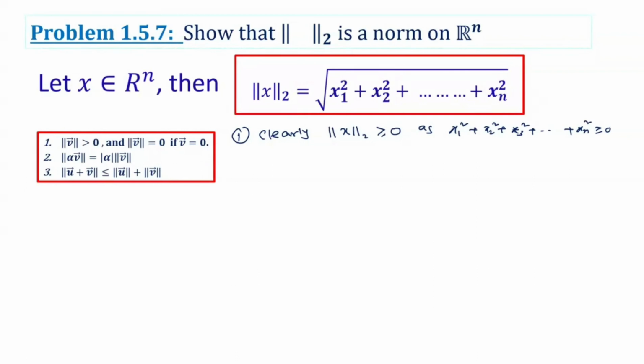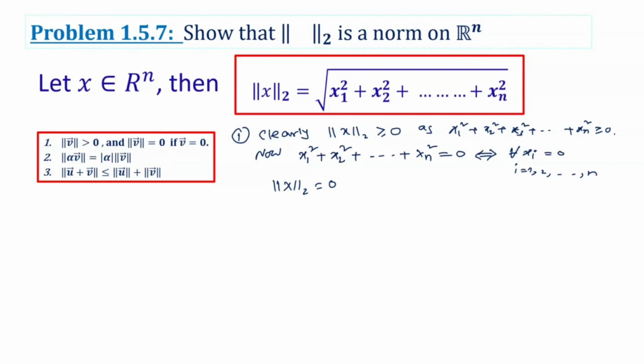Equality holds if and only if all xi are 0 for i equal 1 up to n. Therefore the norm of x2 is equal to 0 if and only if x is equal to 0.